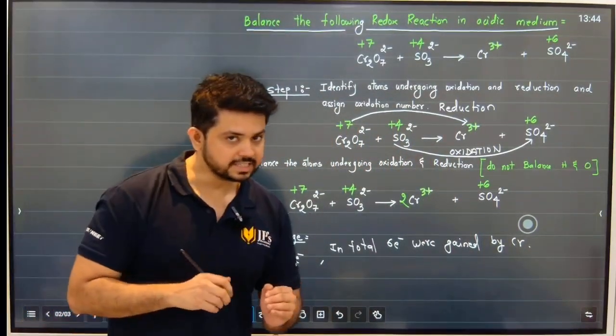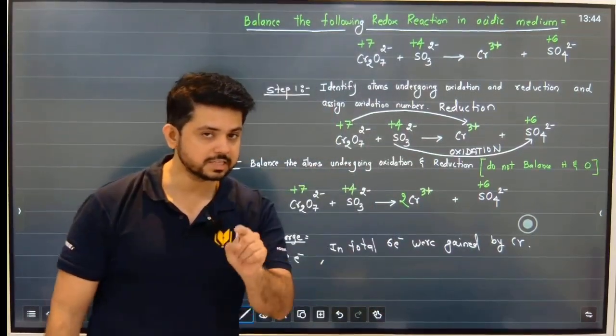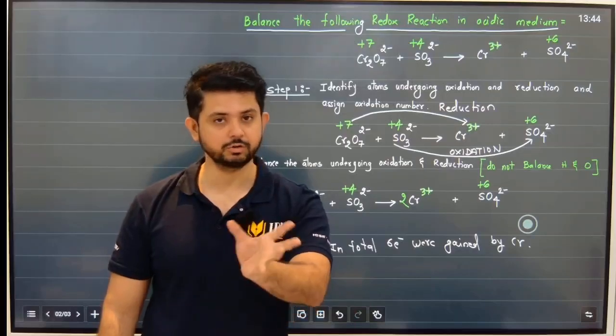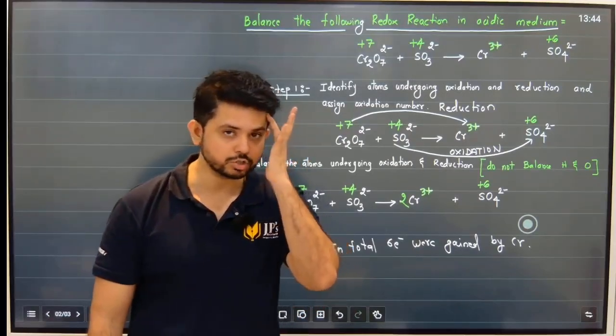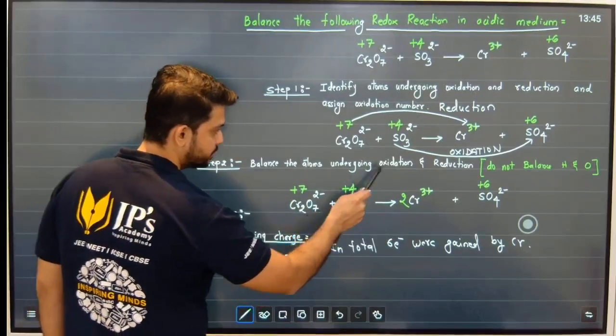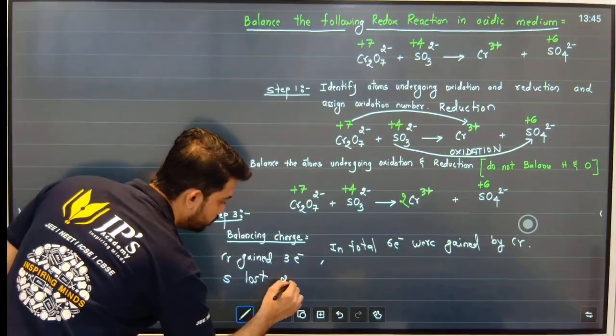तो अगर 6 electrons gain होंगे students, हमें ये ध्यान रखना है. Why are we balancing charge? Because 6 electrons lost भी होने चाहिए. The number of electrons gained during reduction, उतना ही number of electrons lost during oxidation. And if I look at sulfur, sulfur +4 से +6 गया, तो sulfur lost 2 electrons.